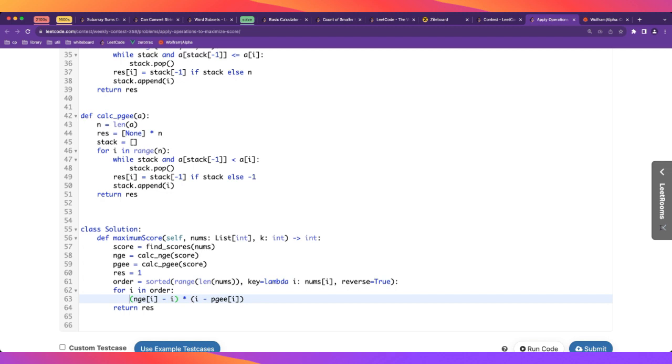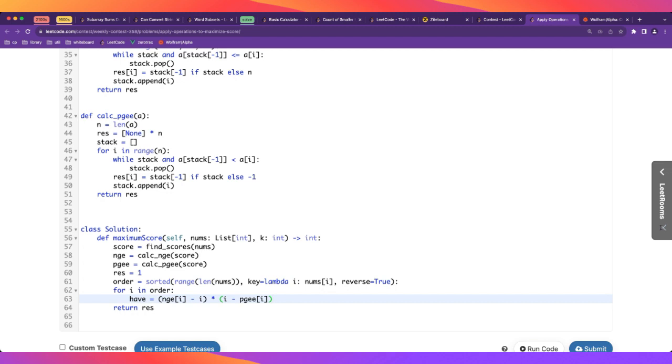And this defines all the subarrays that are going to have x. So let's call this have, because this is how many we can use, that we can add to the product.